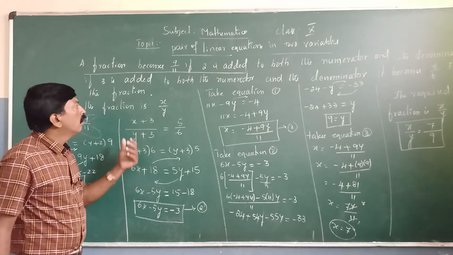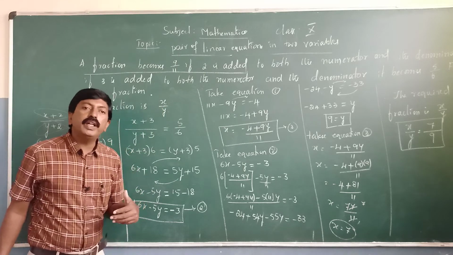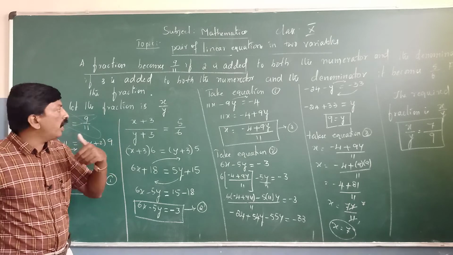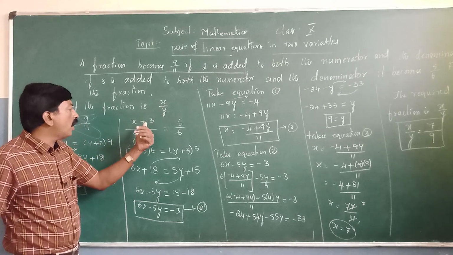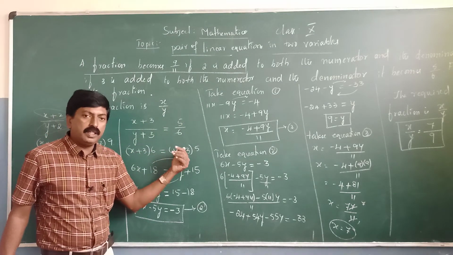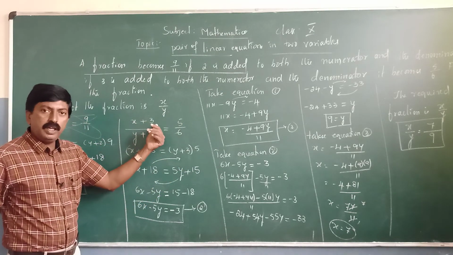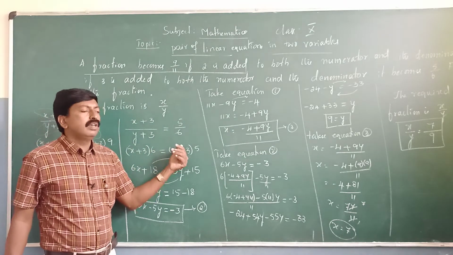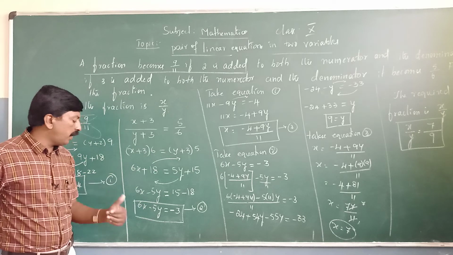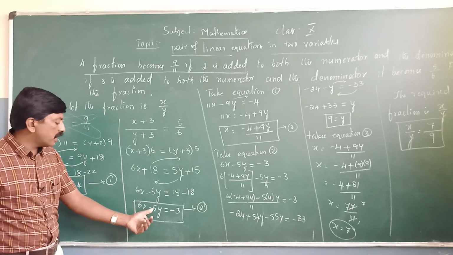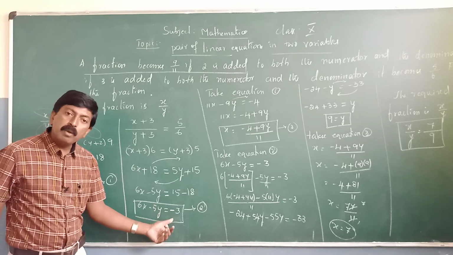After this, for both numerator and denominator, we have to add 3. Then the result will become 5 by 6. So x plus 3 divided by y plus 3 is equal to 5 by 6. Cross multiply and simplify. We got another linear equation, which is 6x minus 5y is equal to minus 3.